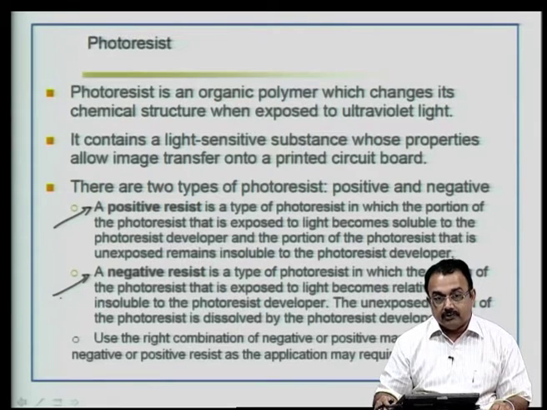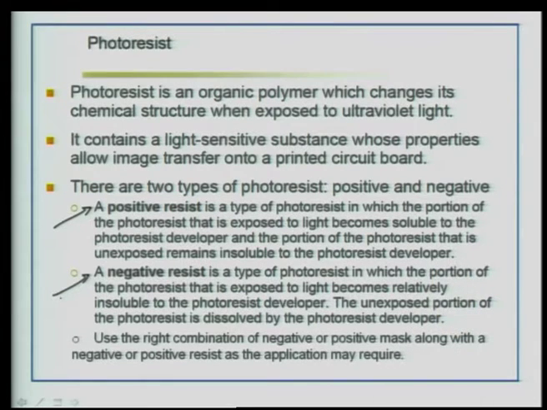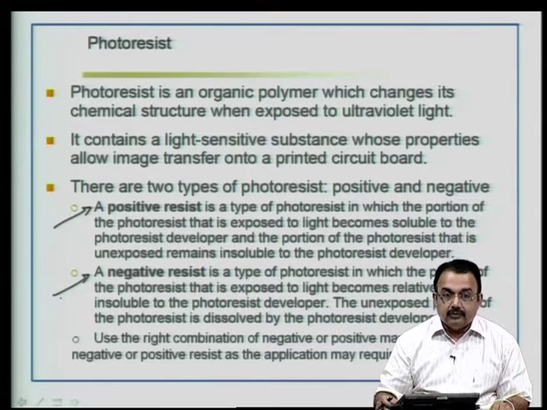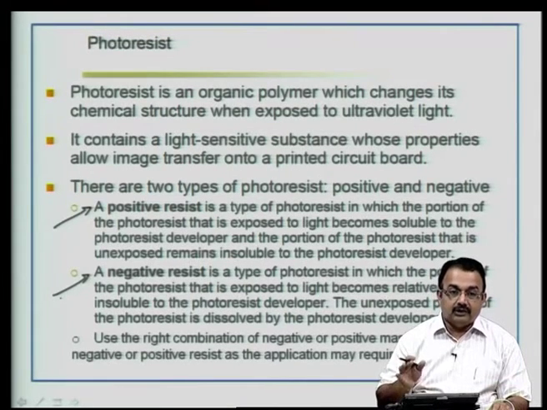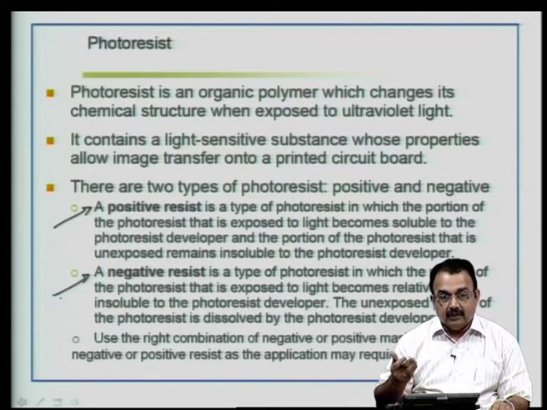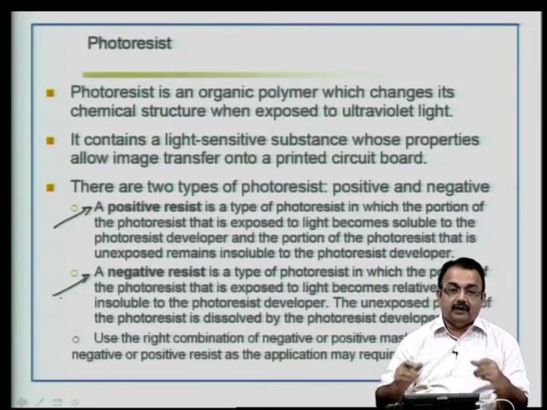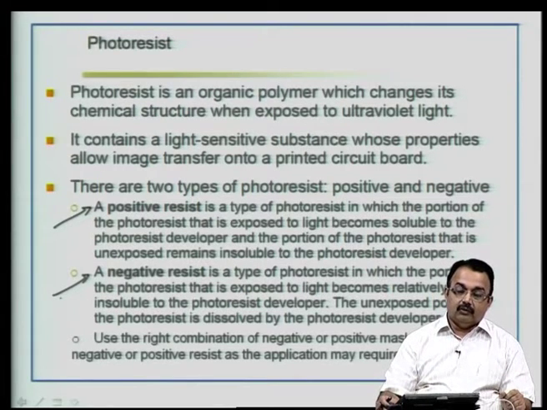The unexposed portion in this case will be dissolved in the developer that you are using in the next process. So, using the right combination of a negative or a positive mask and a negative or a positive resist, you can play around with the kind of image that you require.